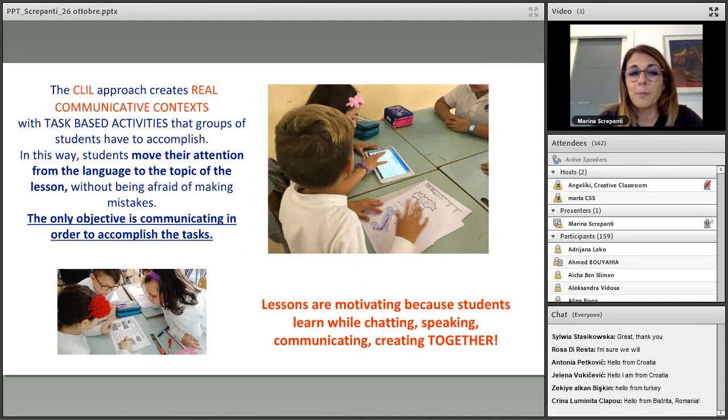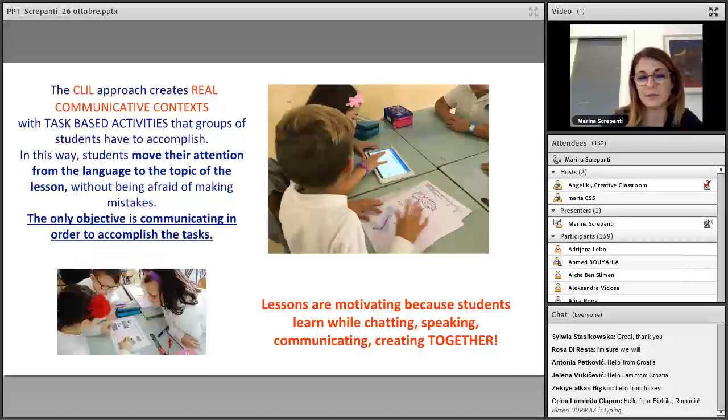So the CLIL approach creates a real communicative context. In which sense? Students receive tasks, and they have to accomplish these tasks. They have to collaborate and to talk, to use the language to work on the subject together. In this way, students move their attention from the language to the topic of the lesson.